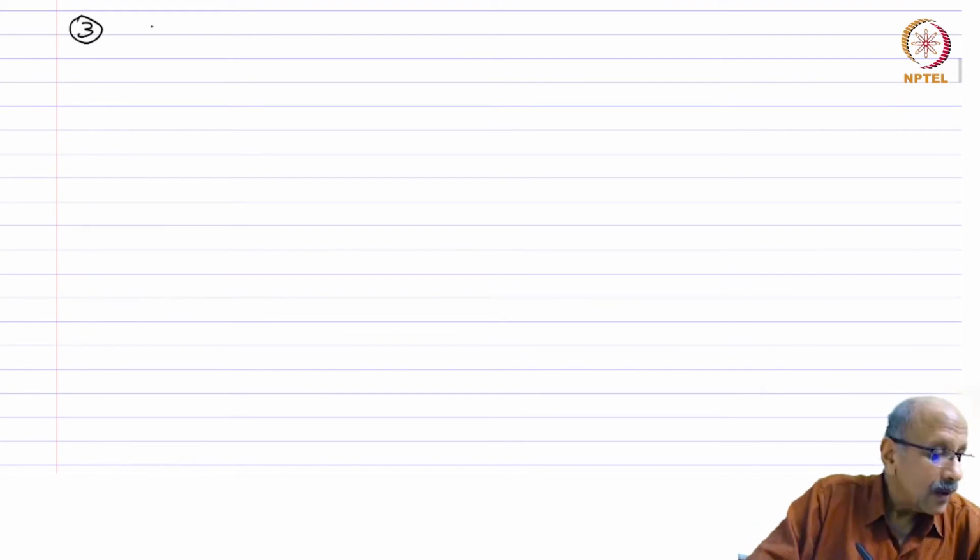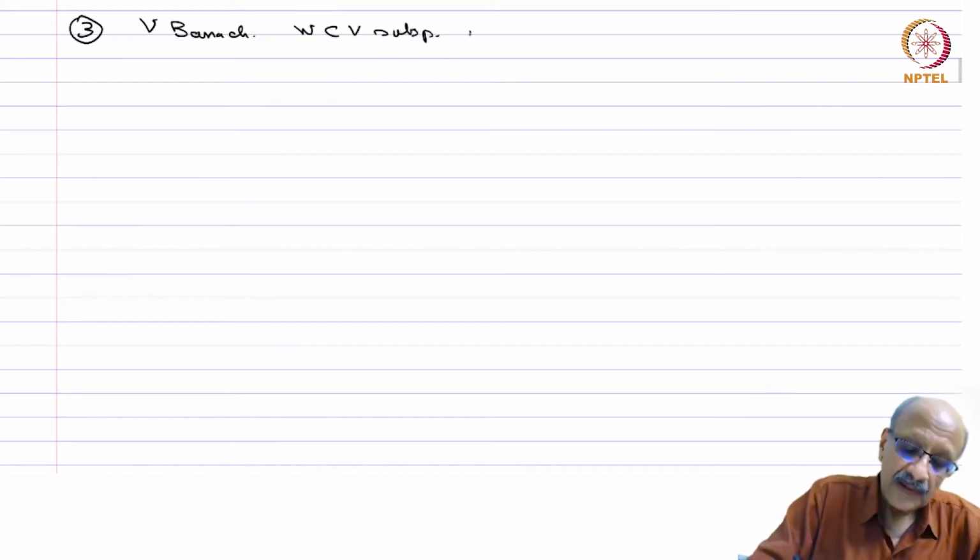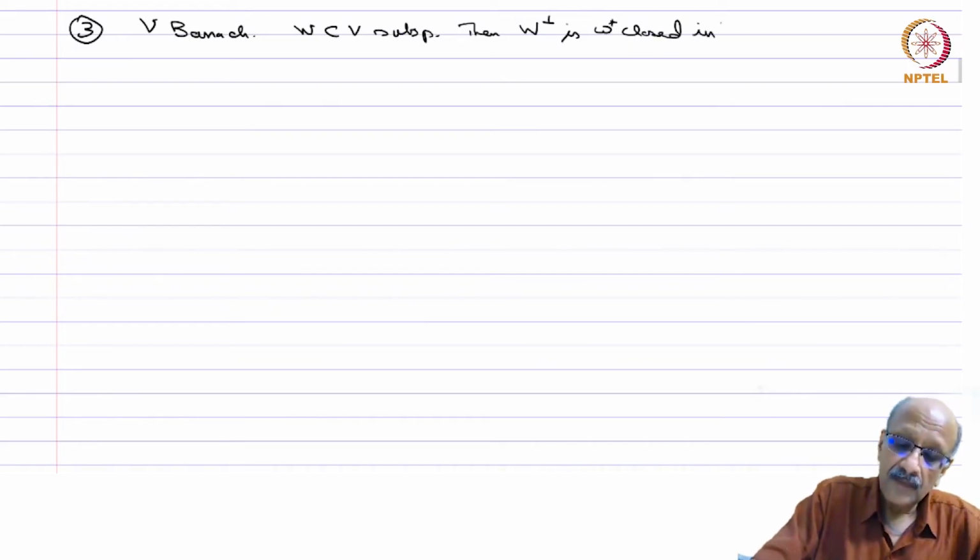3. V is Banach and W contained in V is a subspace. Then W perp is weak star closed in V star.